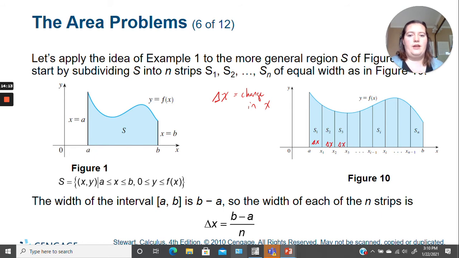And the way you find delta x is you take your rightmost endpoint, b, minus your leftmost endpoint, a, and divide it by however many subintervals you want. So if you go back to the very first one that we did, we went from 0 to 1. So a was equal to 0, b was equal to 1. So it'd be 1 minus 0. We broke it down into 4 subintervals. So the width of each subinterval is 1/4. That's your delta x. It's the width of each subinterval.